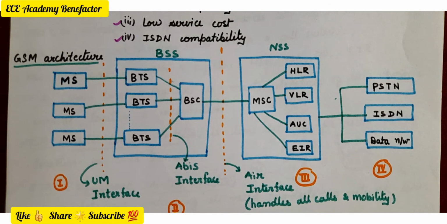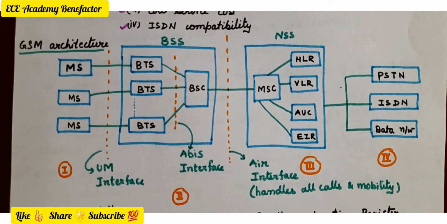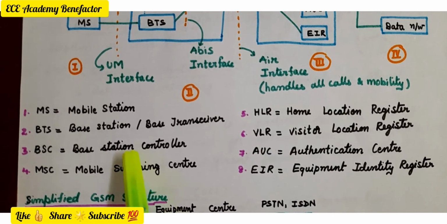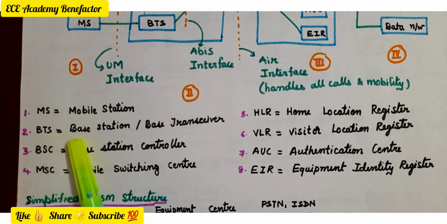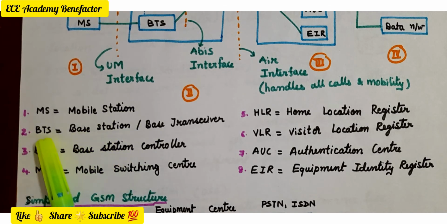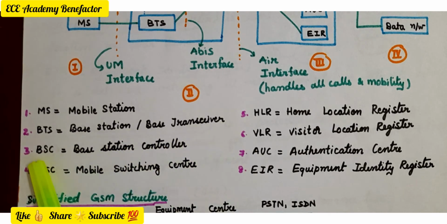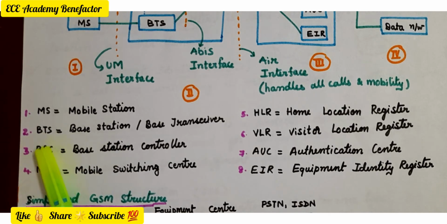In this way the GSM architecture is there: MS, BSS, NSS and public network. The full forms are quoted once again. MS stands for mobile station, BTS is base transceiver station, BSC is base station controller, which controls all the BTS of that coverage area.